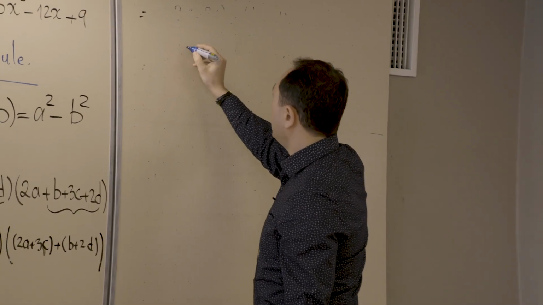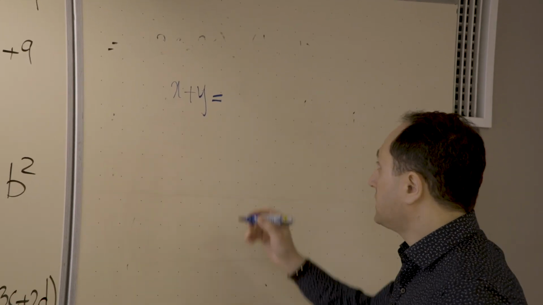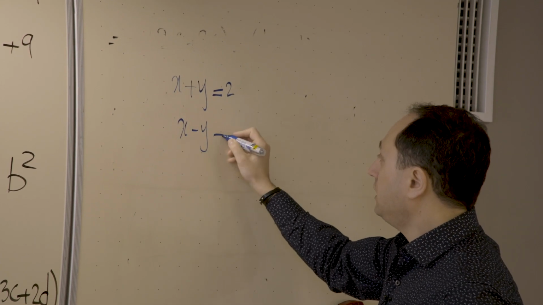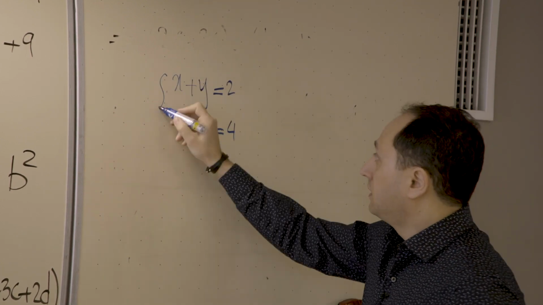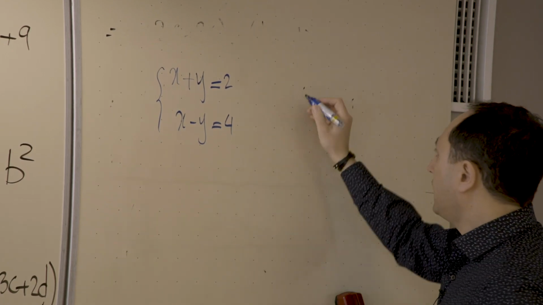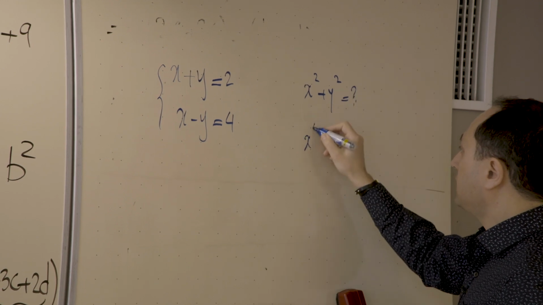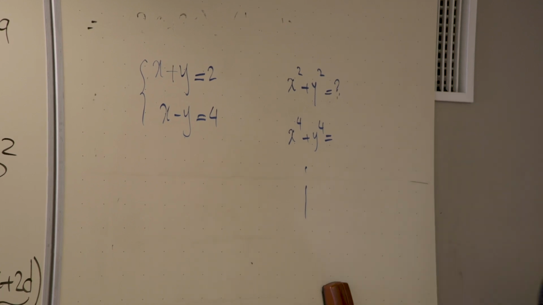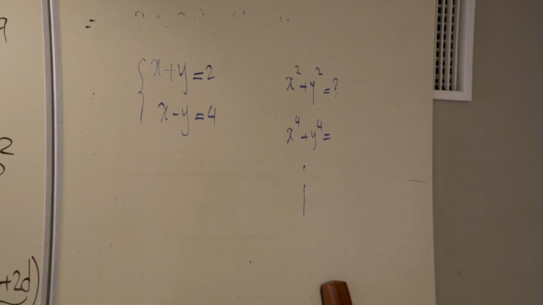If I tell you that x plus y is equal to, for example, 2, and I give you x minus y equals, say, 4, and I ask you the same question: calculate x squared plus y squared, calculate x to the 4 plus y to the 4, et cetera. What is an alternative way to solve the problem?